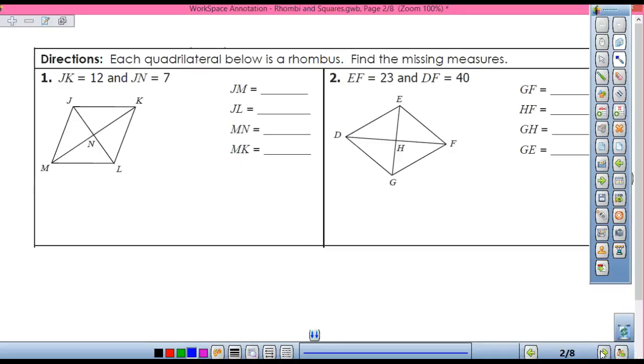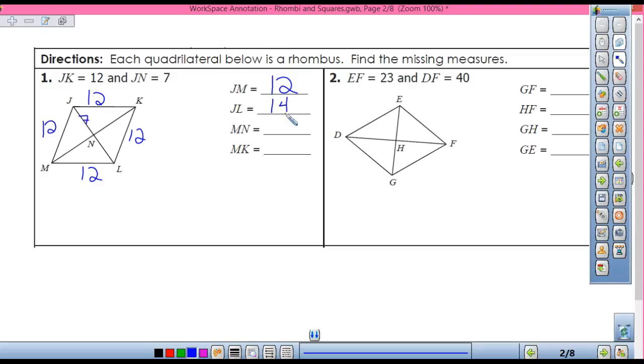Okay, so JK is 12, JN is 7. What's JM? 12. Why? The 4 equal sides. Yep, because all 4 sides are going to be congruent. What's JL going to be? 14. Why? Diagonals bisect.